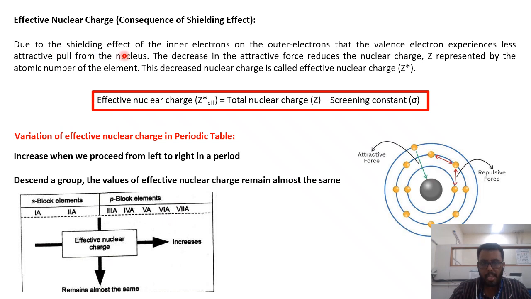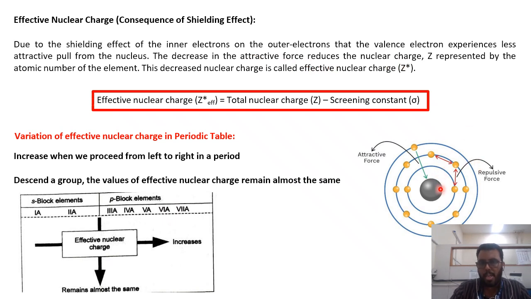Note the shielding effect of the inner electrons on the outer electrons: the valence electron experiences less attractive pull from the nucleus. The more the number of inner electrons, the less the pull experienced by the valence electron, and as a result the shielding effect will be minimum and the screening constant will also be minimum. The decrease in the attractive force reduces the nuclear charge.